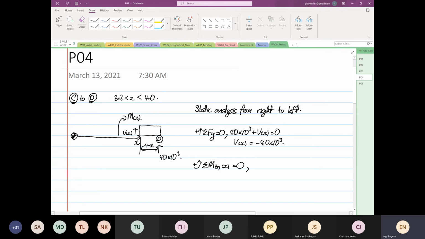We take our moment from there, so it's anti-clockwise: 40 times 10 to the power 3 times 4 minus x, and then minus, since clockwise is minus, M as a function of x. So M as a function of x is equal to minus 40 times 10 to the power 3 x plus 160 times 10 to the power 3.